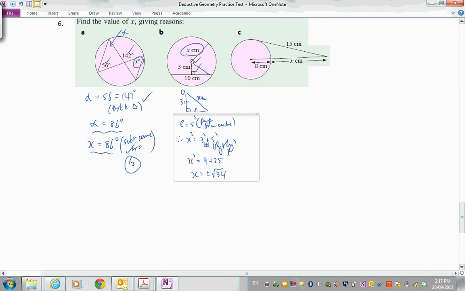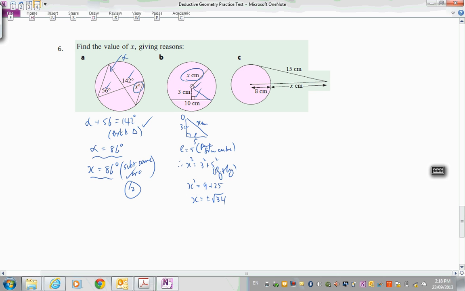We'll get rid of that. So what can we say now? X will equal root 34, because x is a length and it must be greater than 0. Okay, so check that one out, a little bit of Pythagoras in there.